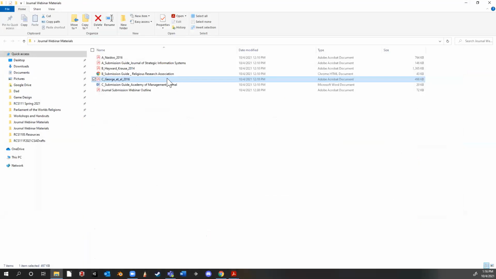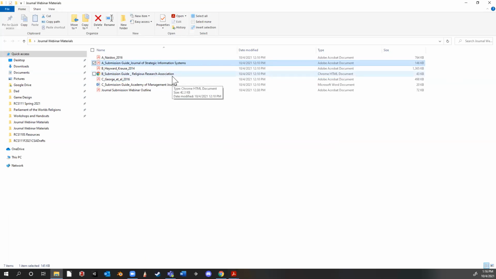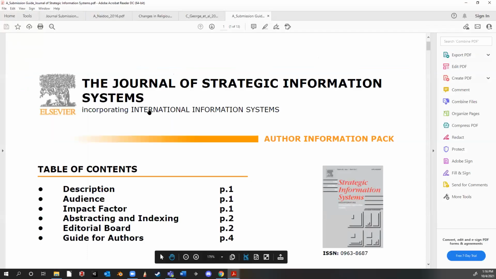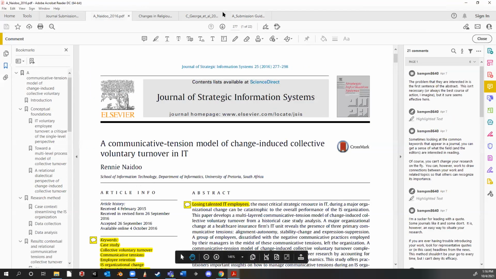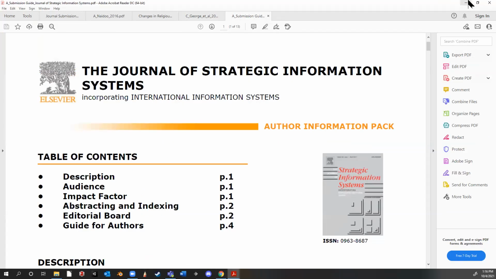Along with that, and I've labeled them AA, BB, CC, I picked out the submission guides for each of the journals that these articles were published in, right? And we'll talk about what a submission guide is. That way you can also see what is expected of somebody publishing in the same journal that Naidu 2016 published in, okay?